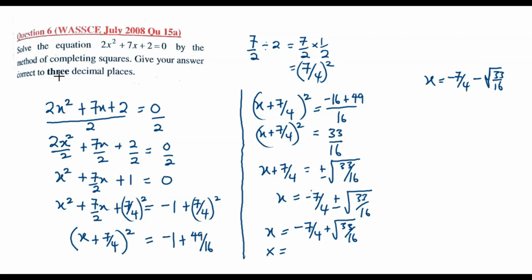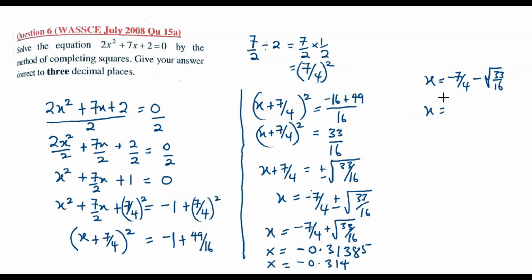And that gives us an answer of negative 0.31385. There are a lot of decimal places, but this is approximately, to 3 decimal places, x equal to negative 0.314.